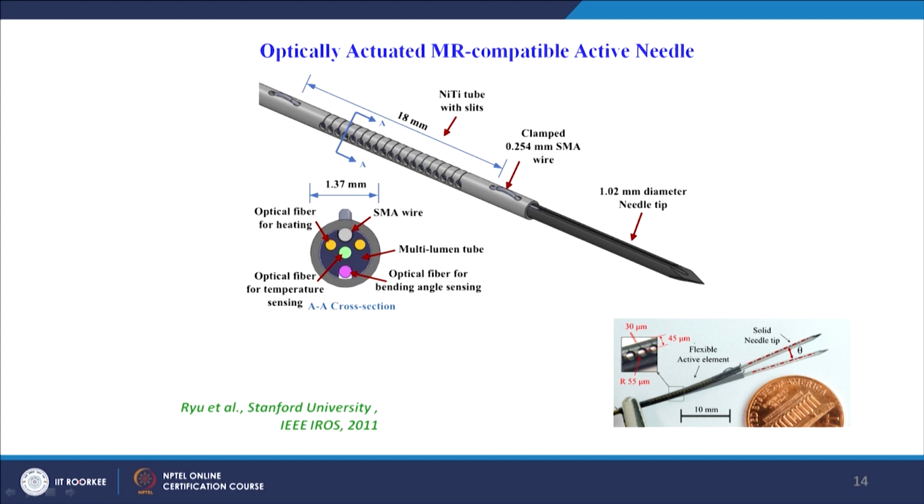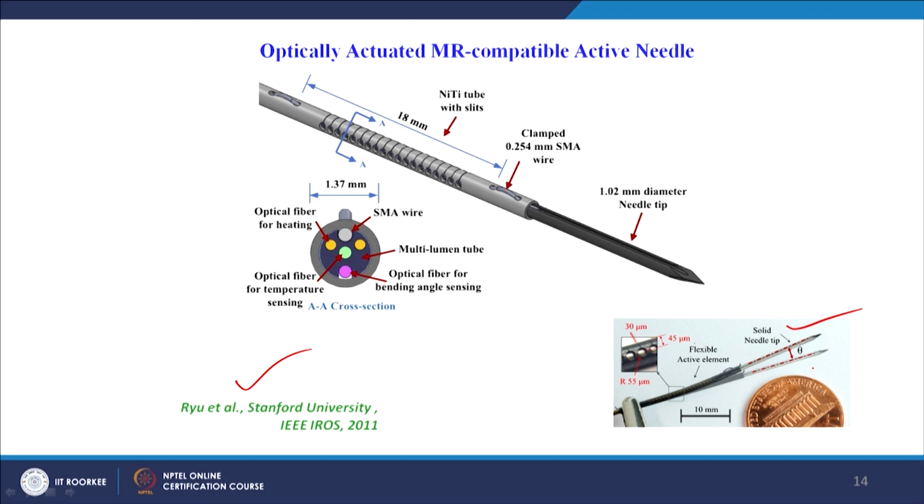And the other needle design is proposed by Roorkee et al. from Stanford University. He has proposed the system shown here, which is of a precisely small size. It will definitely be used for surgical purposes, for conventional percutaneous cancer interventions.